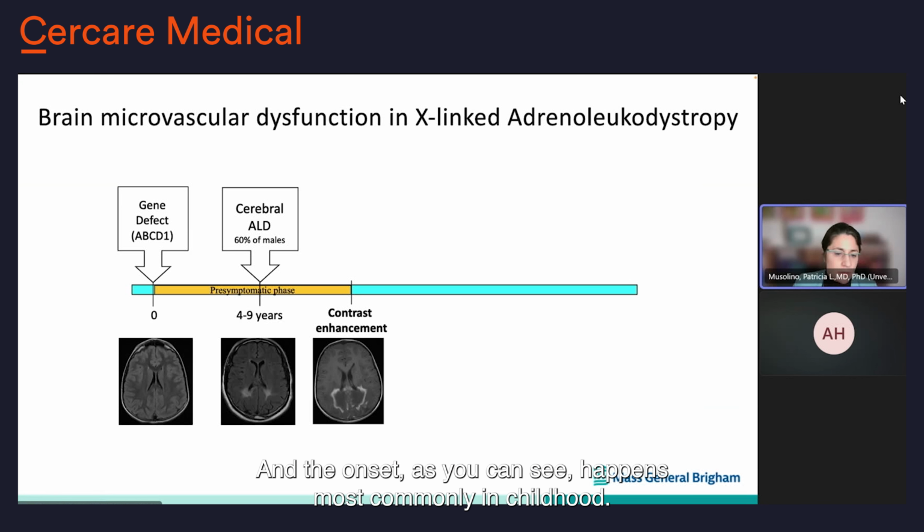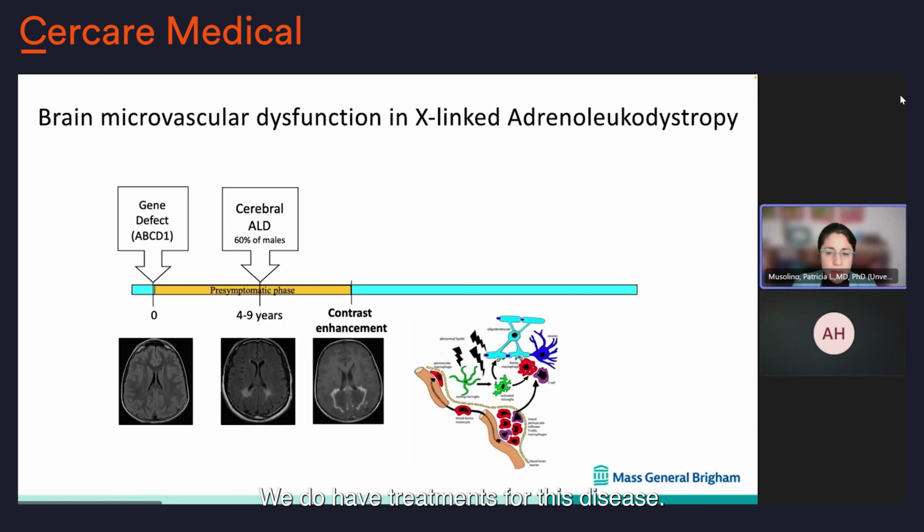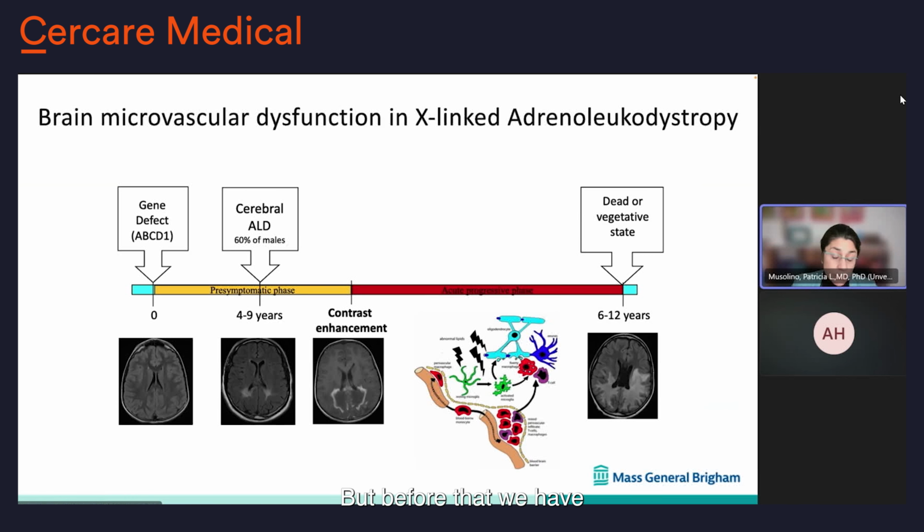The onset happens most commonly in childhood, but it can happen throughout the lifespan of these patients. We do have treatments for this disease. Now we have a gene therapy approved by the FDA, but before that, we had hematopoietic stem cell transplantation from allogeneic transplants.